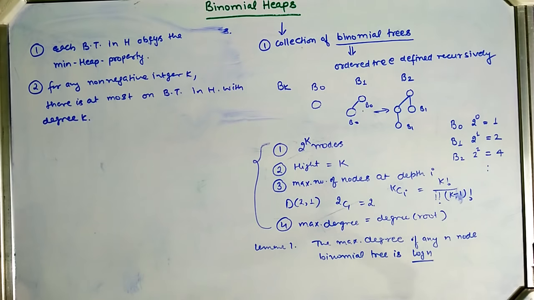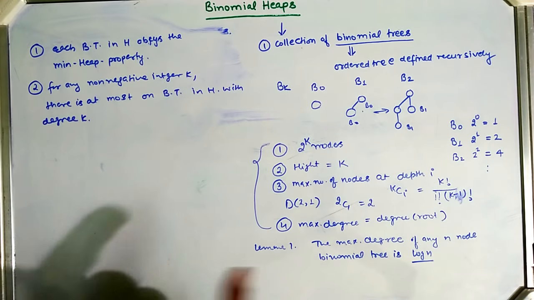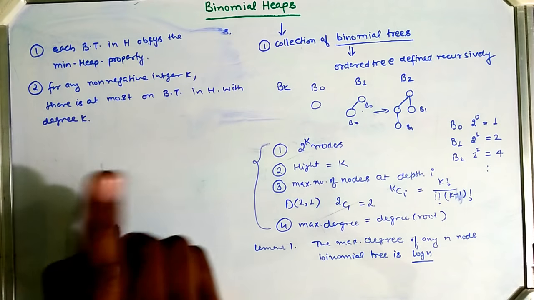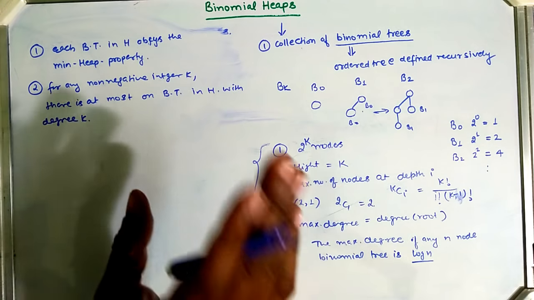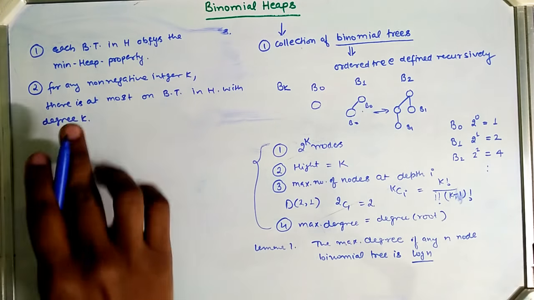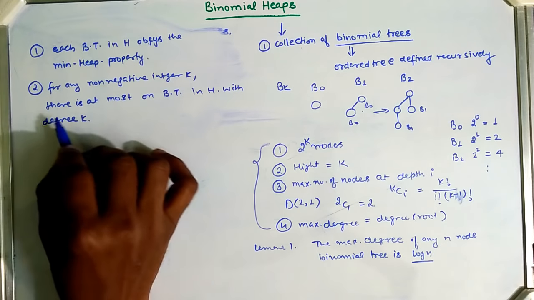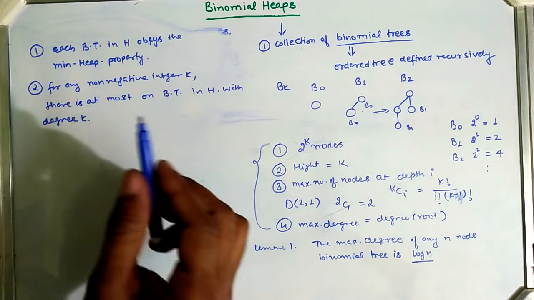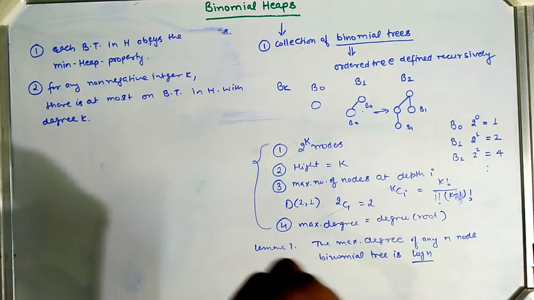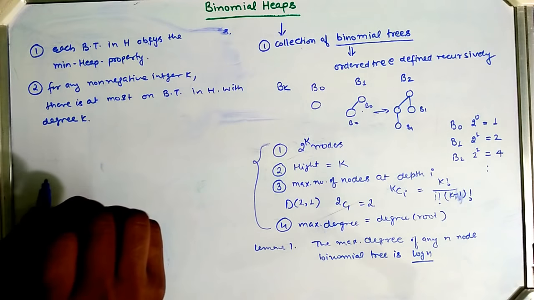What this property emphasizes is that in any binomial heap there is no more than one binomial tree of the same degree. We do not have more than one binomial tree with the same degree k.